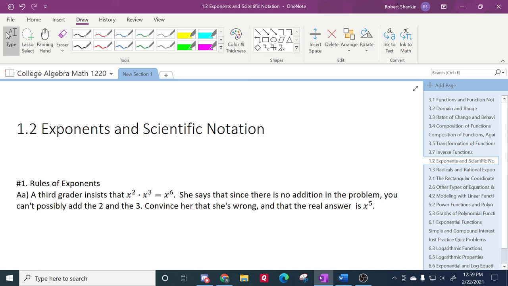So type it in, but don't hit enter yet. Okay, go ahead and hit enter and discuss it in your groups for a little bit.